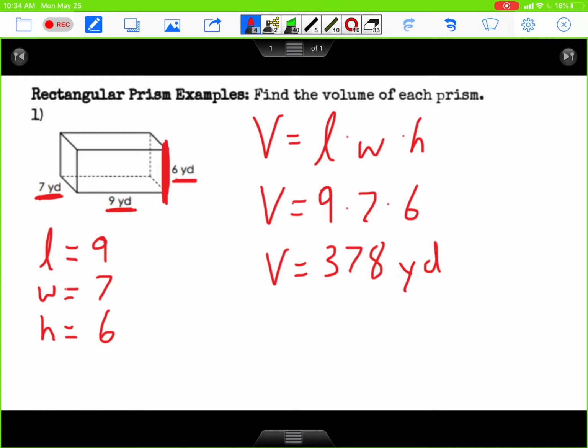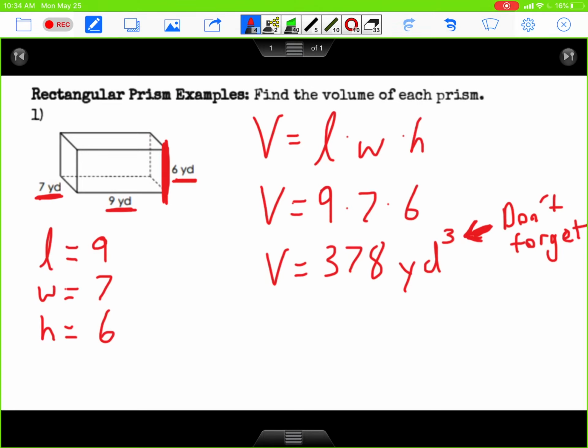Before with area we had it squared, but for volume now it's going to be cubed, an exponent of 3. That's very important. Don't forget. For volume it's cubed now. It's very important. Do not forget this.